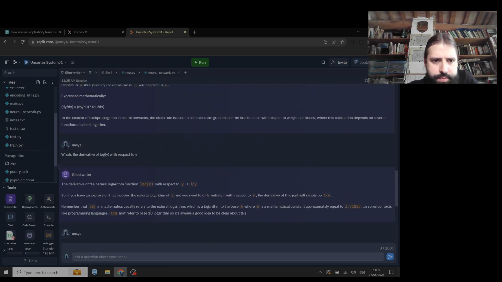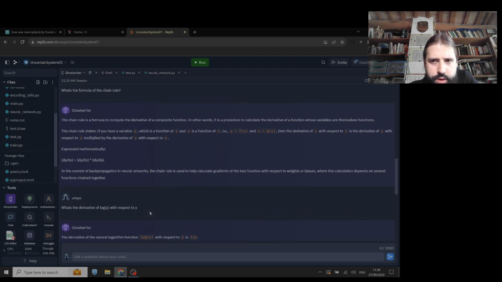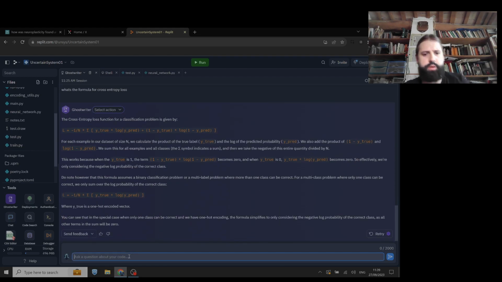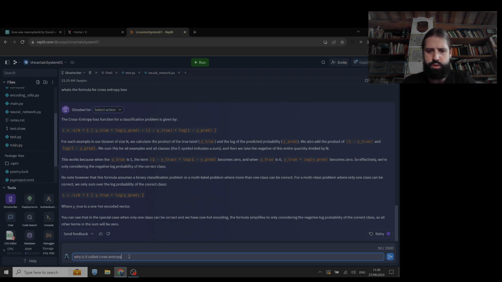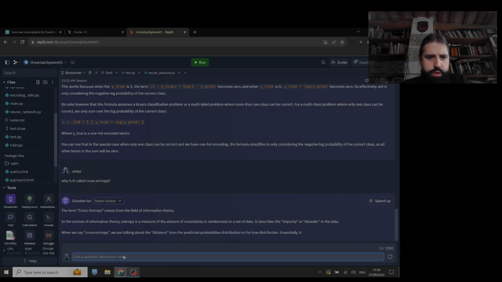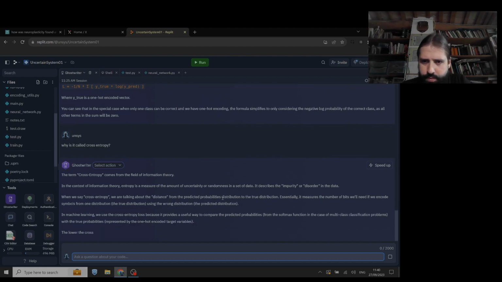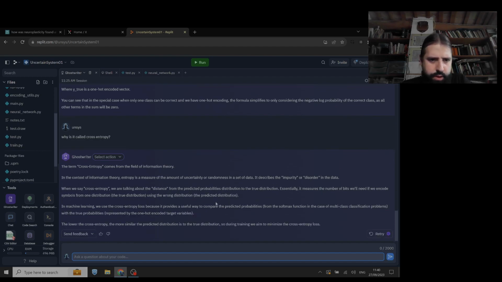Okay, but regardless of these, what is it called? Cross entropy, though. We're talking about the distance from the predicted probability distribution to the true distribution.